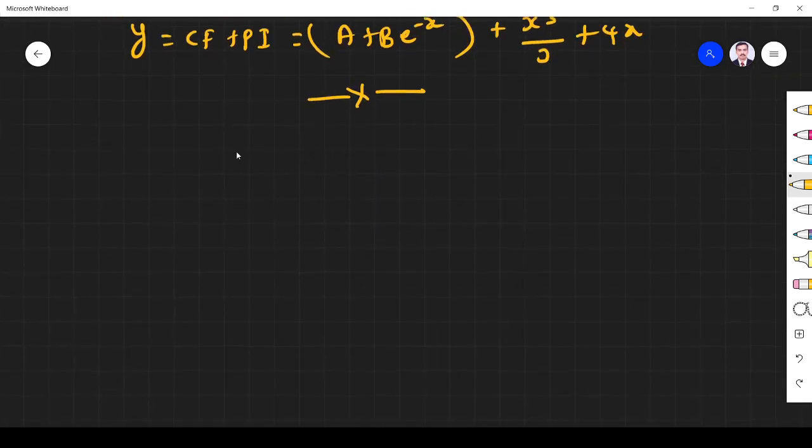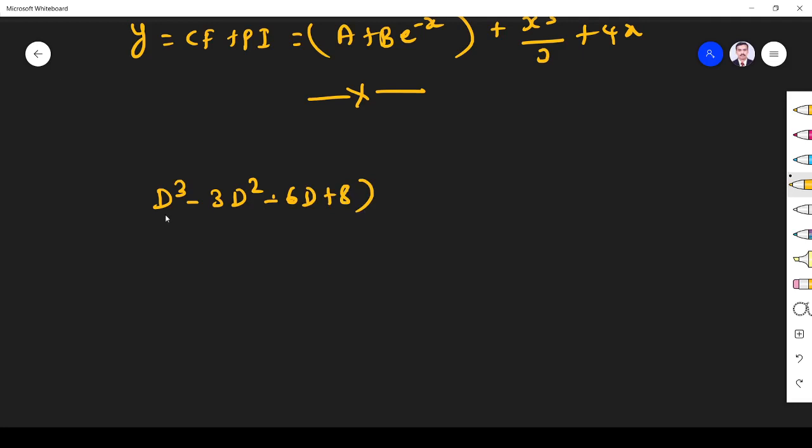Right? So let me do one more problem. Here you see d cube minus 3d squared minus 6d plus 8, into y, is equal to x. So first I have to find the complementary function. Replace the d by m. So m cube minus 3m squared minus 6m plus 8 equals 0. The right hand side is f of x.